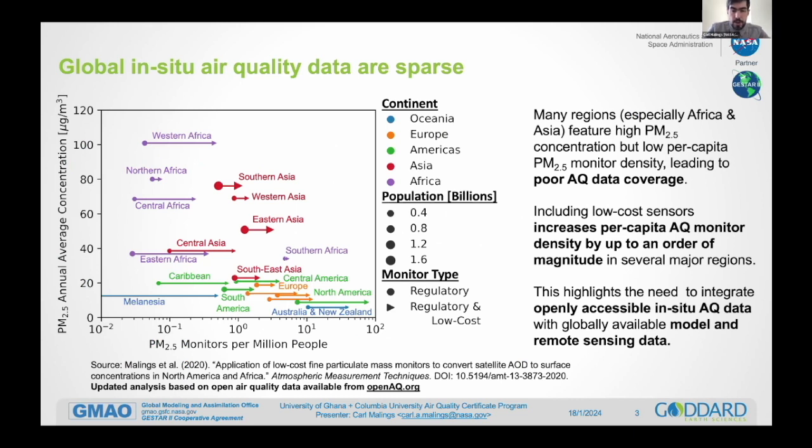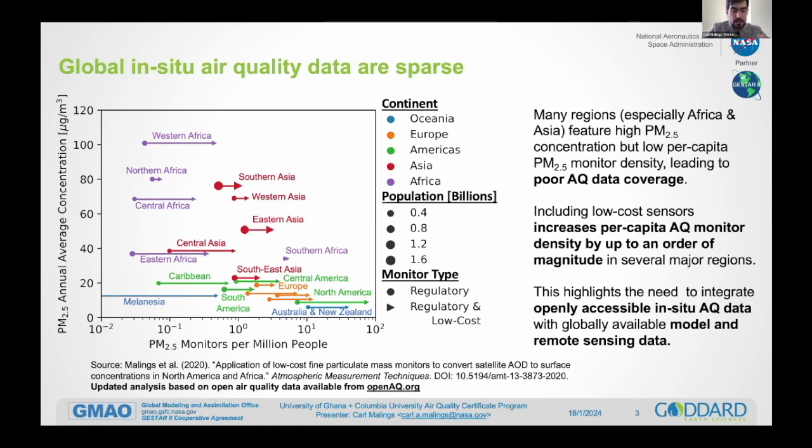So the general motivation for why we might care about satellite remote sensing, one of these is the fact that, I'm sure has been brought up several times in the training up to now, of the relative scarcity of ground-based air quality monitoring in many parts of the world. So I have a figure here that I put together a few years ago now, based on the publicly available information about how many monitors are deployed in different countries.